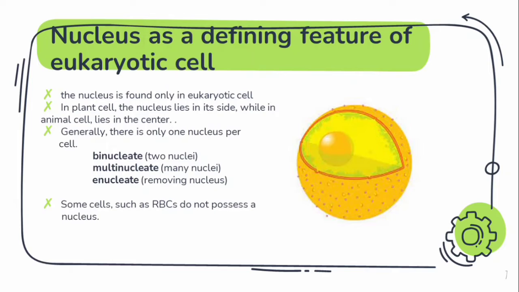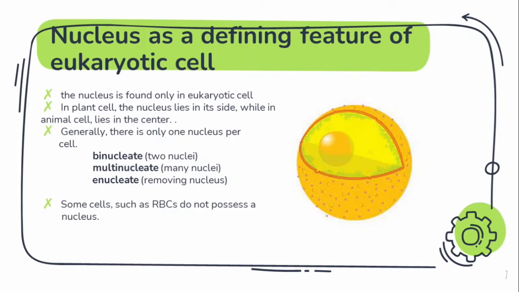Other defining characteristics of eukaryotic cell include having membrane-bound organelles and rod-shaped mitochondria. In plant cell, the nucleus lies on its side, while in animal cell it lies in the center. This is because the plant cells have many and large vacuoles, while animal cells only have smaller and fewer vacuoles.